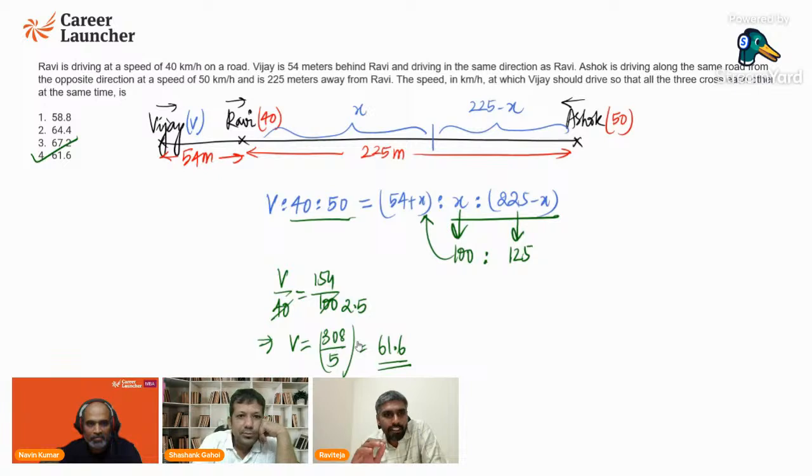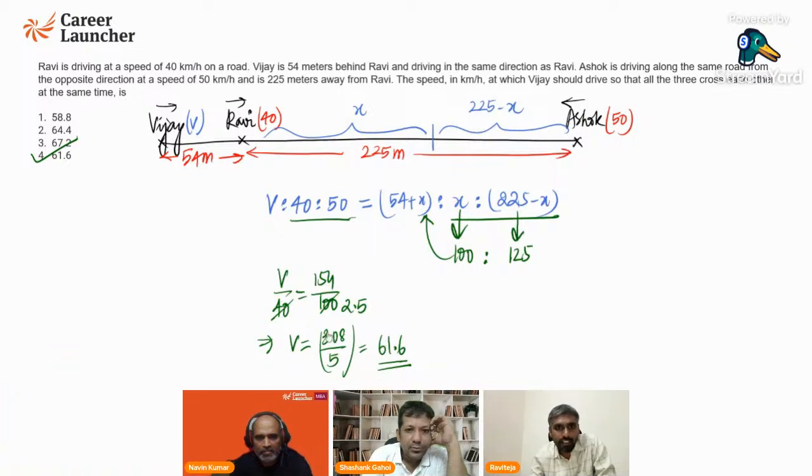So as long as, because all of them are going to meet at the same point, time is going to be the same. The ratio of speeds is the ratio of distances covered. Now the unit of distance could have been anything. If it were miles, the answer would not change. Right. That's the thing that you have to keep in mind when you're looking at questions like this.